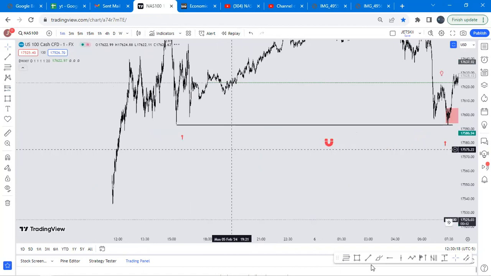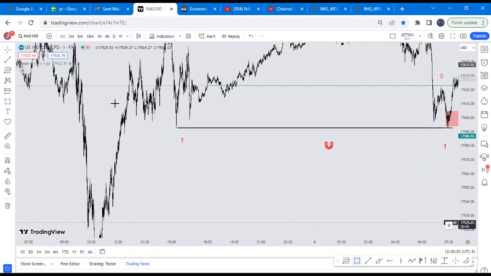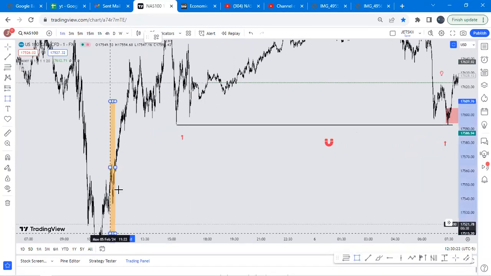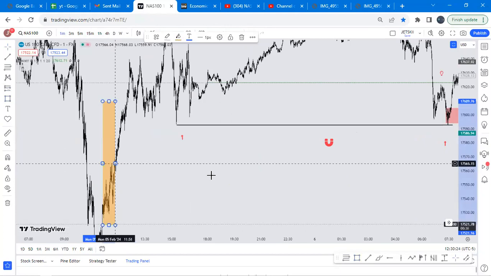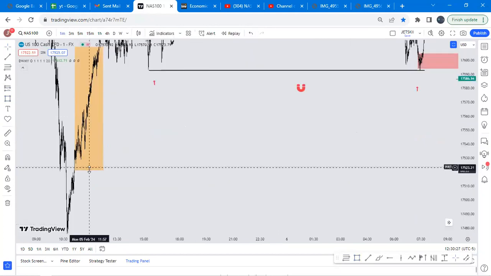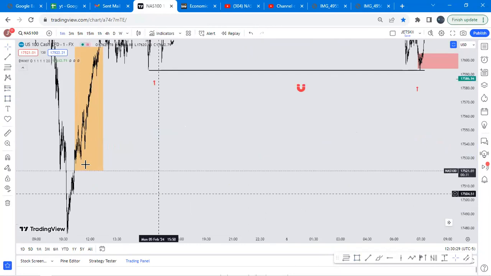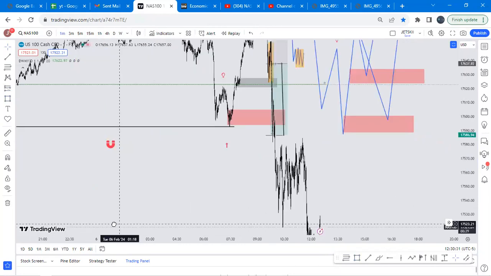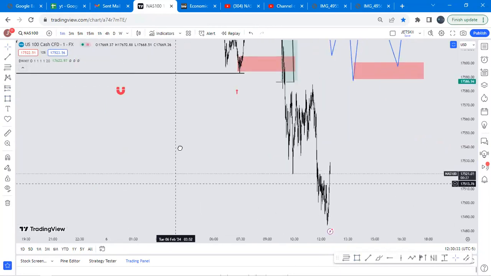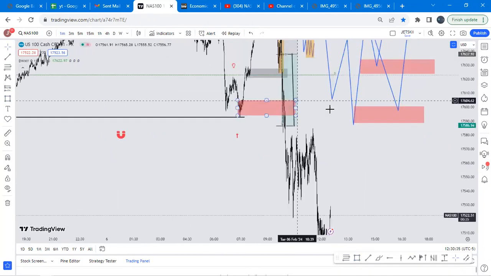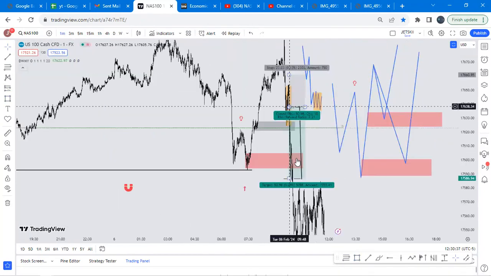We also have a liquidity void at this level, so we know they must fill that void. So we can target the low, the void, or even these levels if you want to. But standard, it has to deliver 50% to that level.